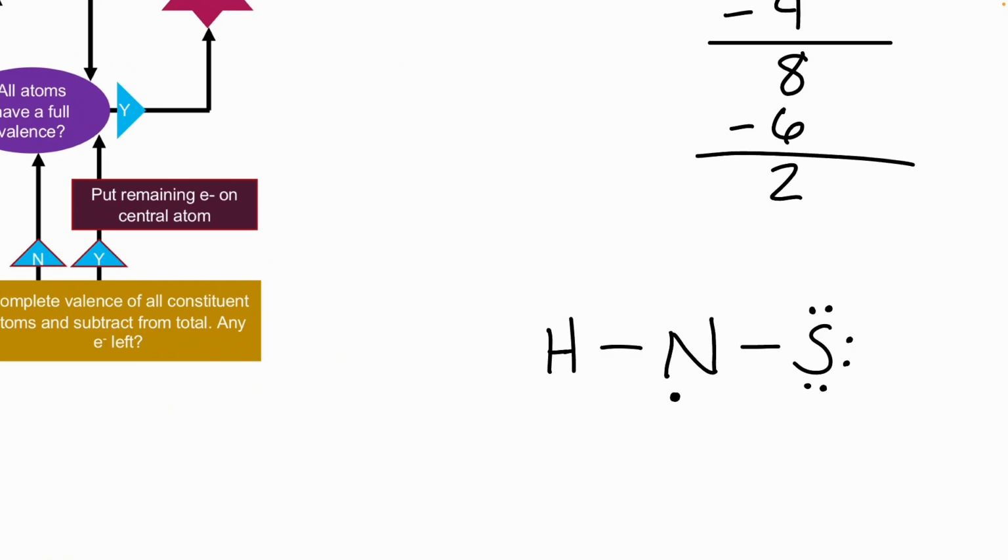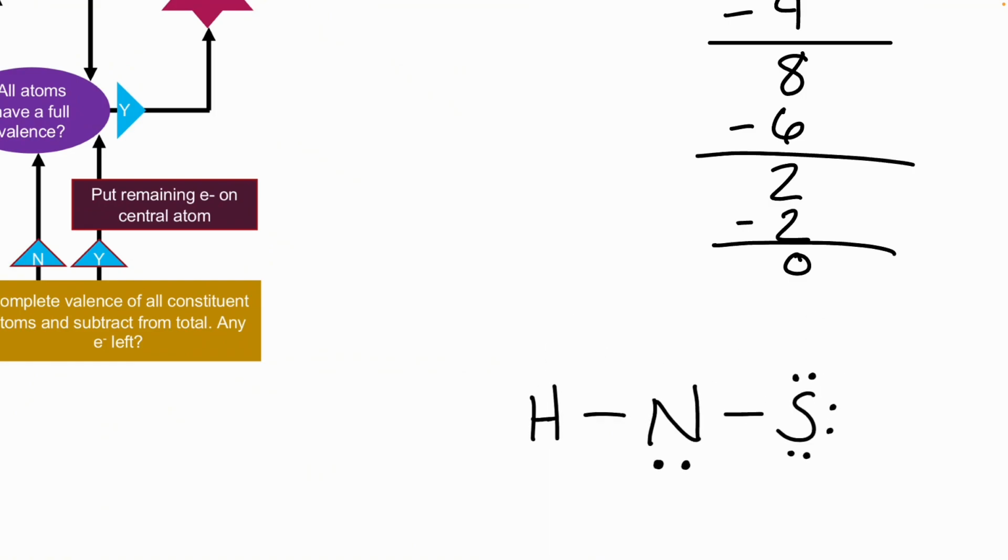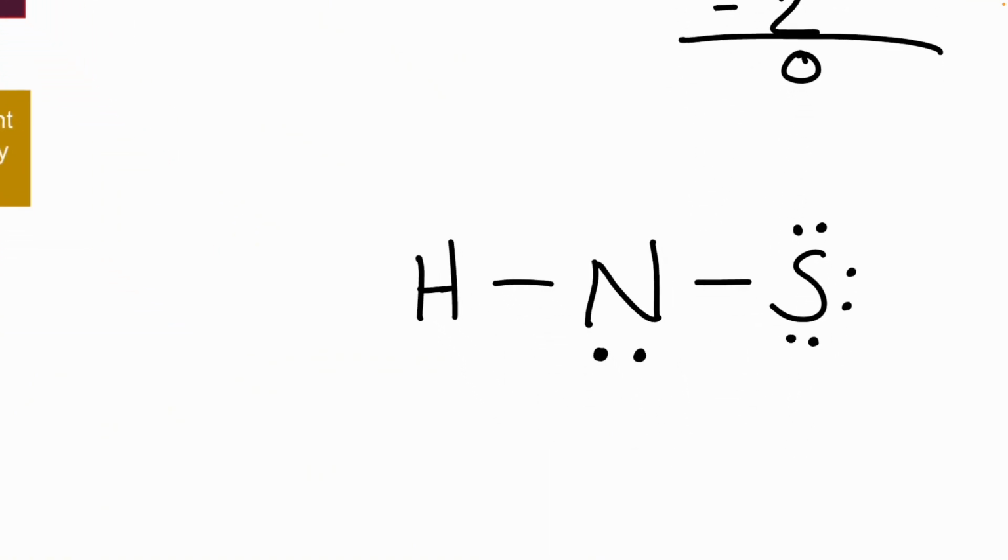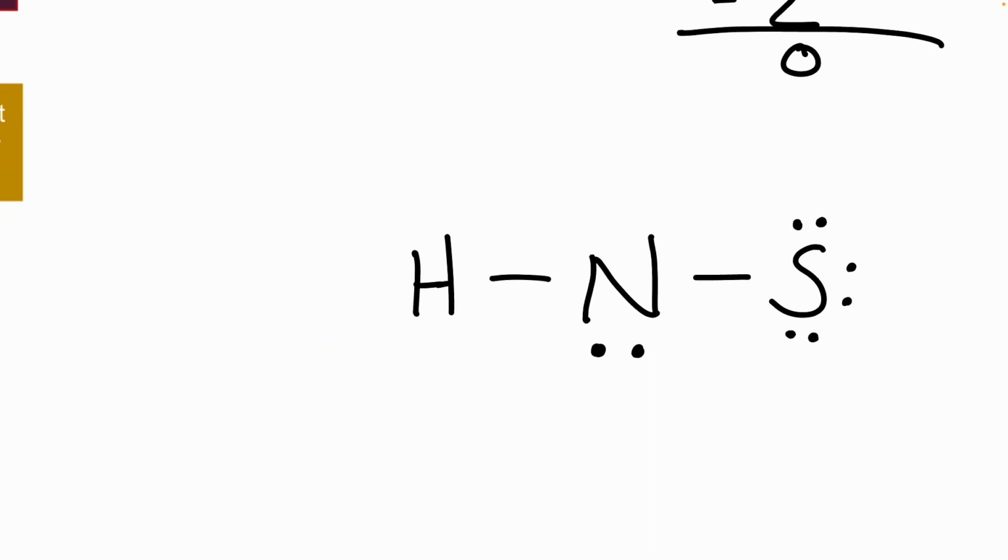central, so the nitrogen. Okay, so now I've used up all my electrons, but am I done? No, what's not happy here? My central atom. And I've already used up all my electrons, so I can't be putting down any more electrons on the board. The only thing that I can do is reshuffle, right?